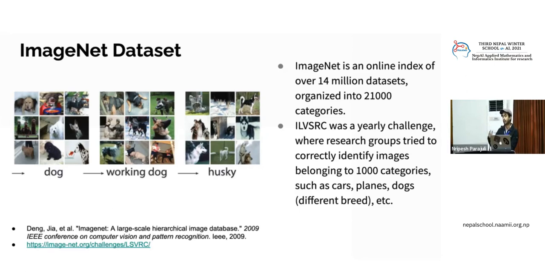The accuracy is evaluated in such a way that if the true class was a husky, but your model says terrier, Bhusia, I don't know, Siberian husky, and Labrador, I don't know dog breeds, but you get the idea. As long as husky is one of the five, you're still accurate.